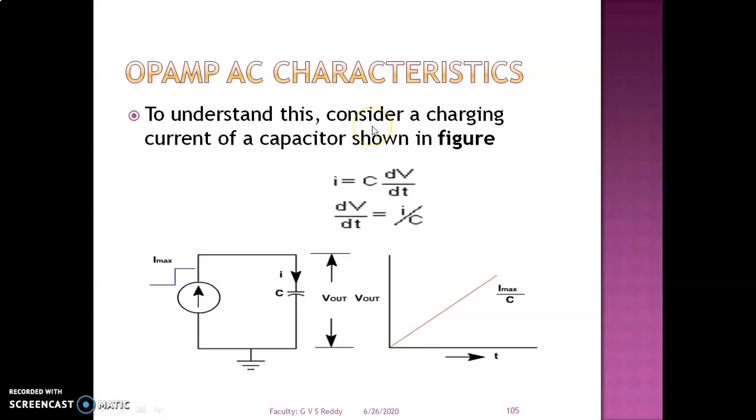To understand this, consider the charging current of a capacitor, as shown in the figure. The current within the capacitor I equals C into dV by dt, where dV by dt equals I divided by C. There is a curve of time versus output voltage across the capacitor. It is a linear wave shape.